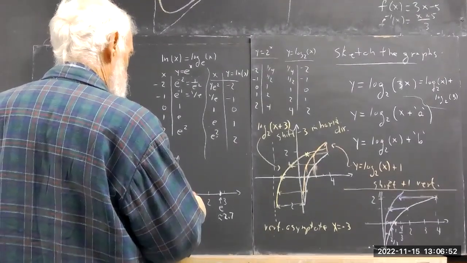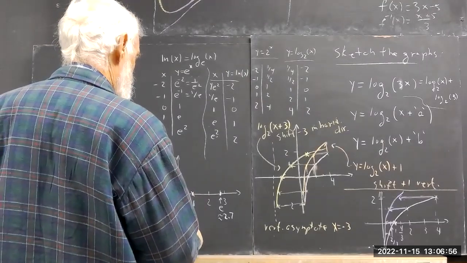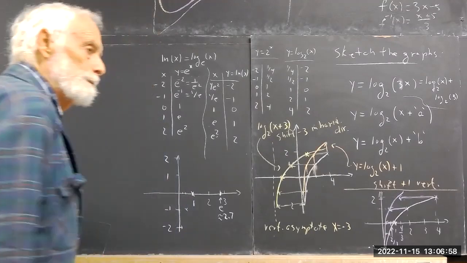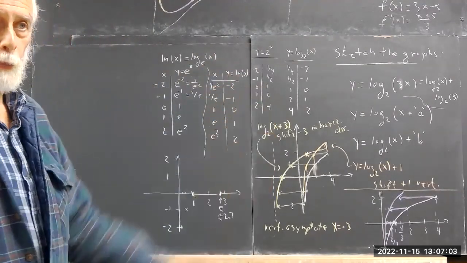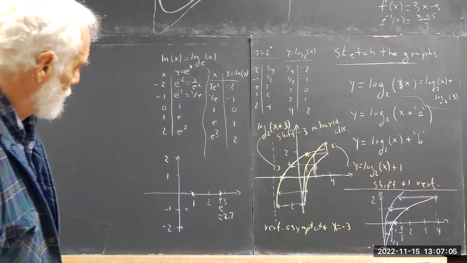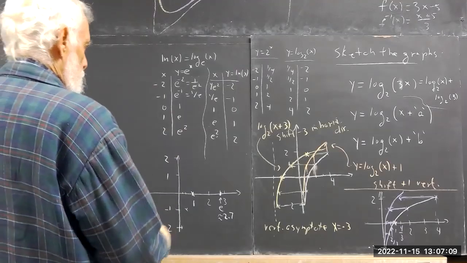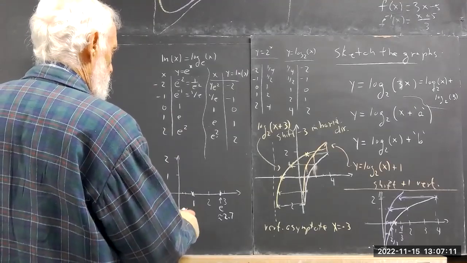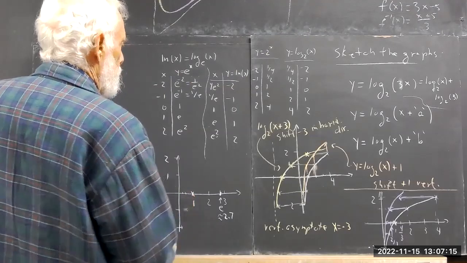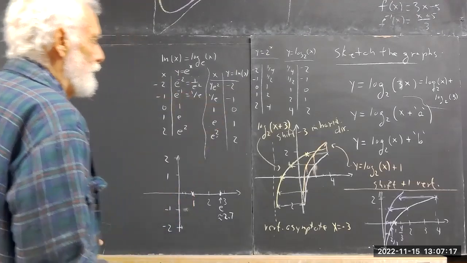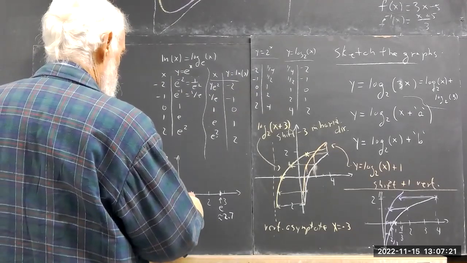I hadn't thought about it in a while. And e cubed is out somewhere close to 20. So 1 over e is going to be between 1/2 and 1/3. It's going to be a little less than 1/2.